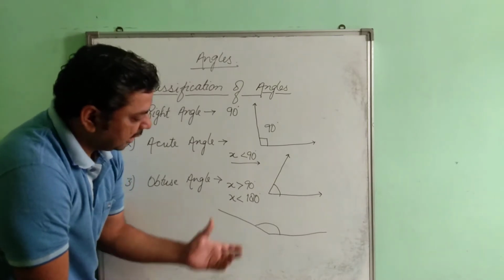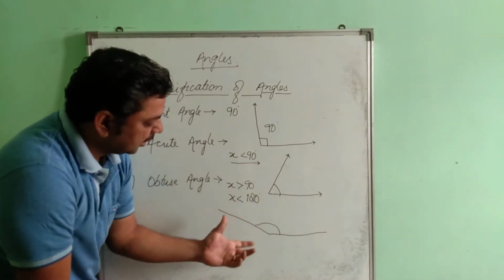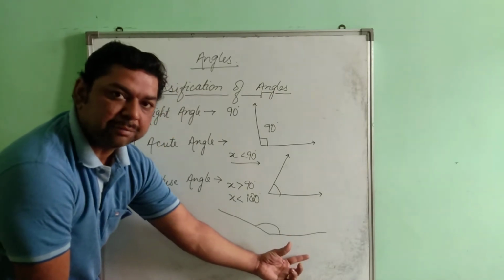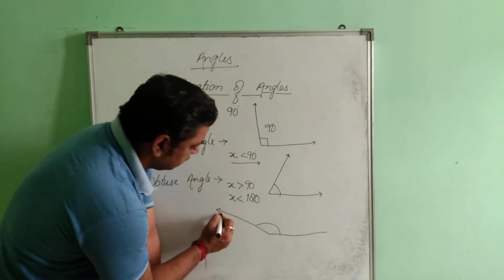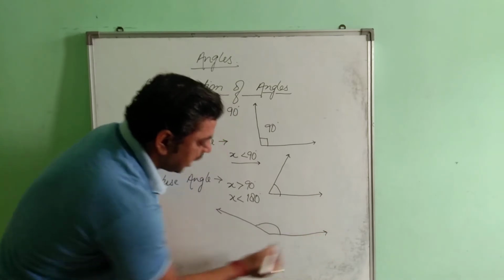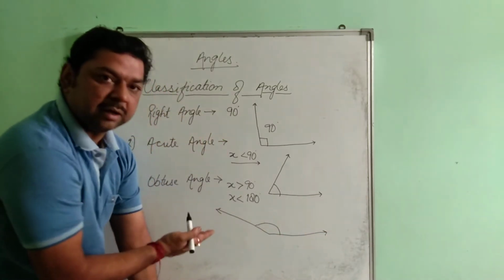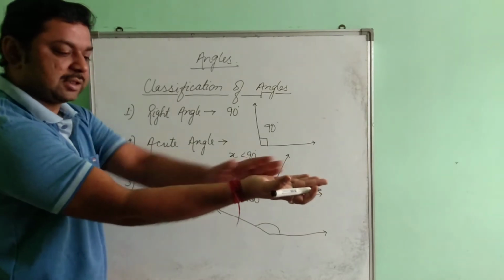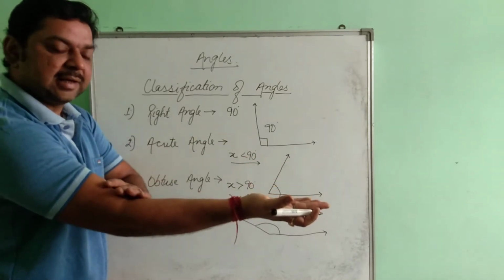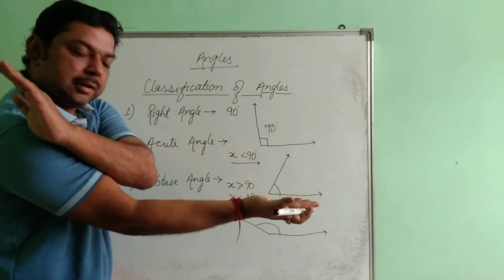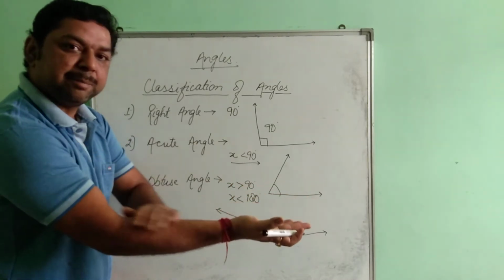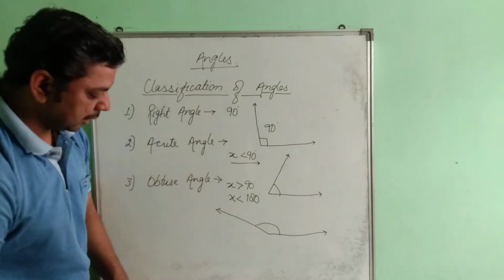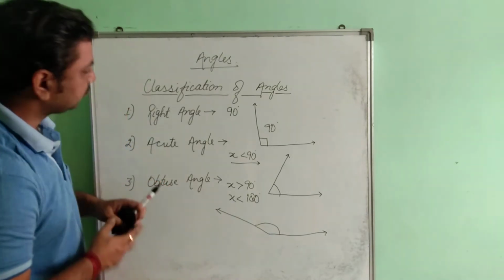Clear? When we are talking about the obtuse angle, one ray will always be far away from the second ray. So the shape of your obtuse angle will always be in this manner. कि आपकी एक रे मान लीजिए ये है. This is your one ray, and the second ray will always be far away from the baseline. So this is how you are going to make your obtuse angle. Clear?